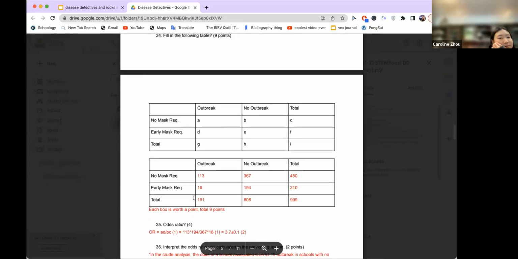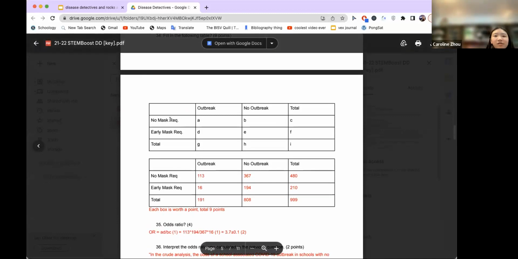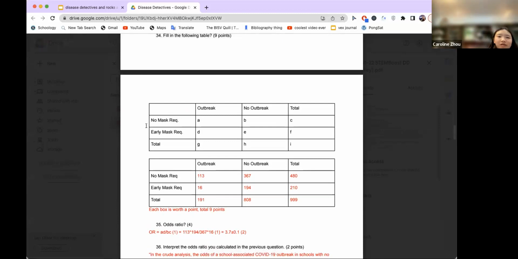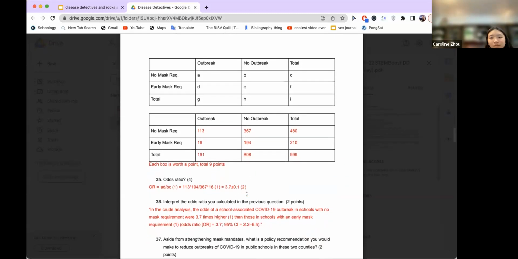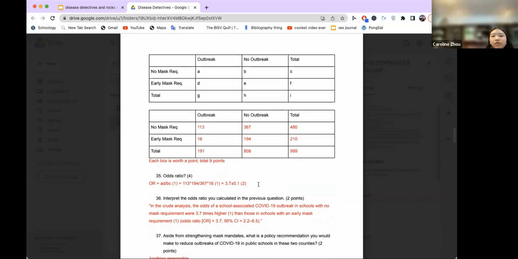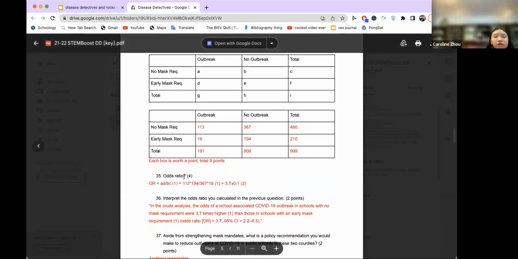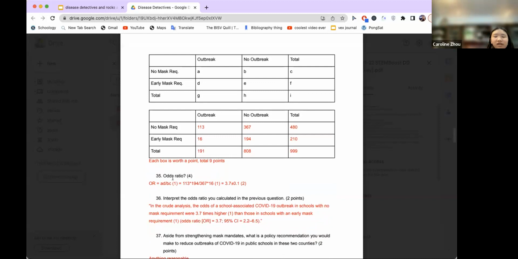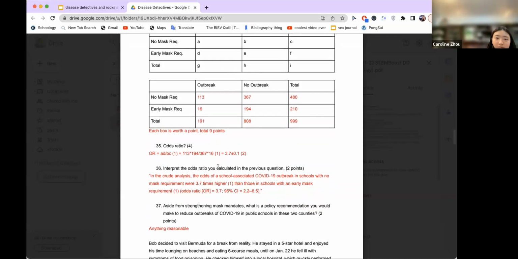Then you have the table that I showed you earlier. No mask requirement basically means exposed, this is unexposed, and then case or no case. They use different words, but it means the same thing. They'll ask you to do some calculations, like here they ask for the odds ratio, and then interpret it.